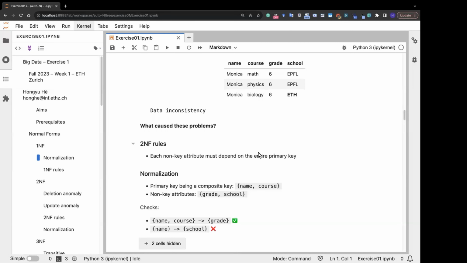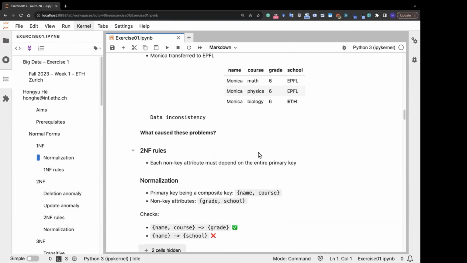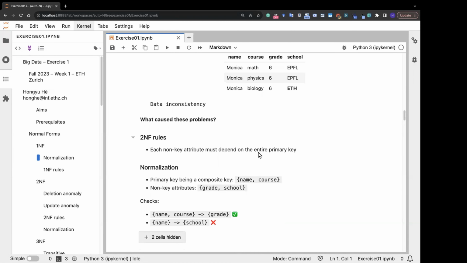Yeah, question. I didn't understand how this means that the school doesn't depend on the name.